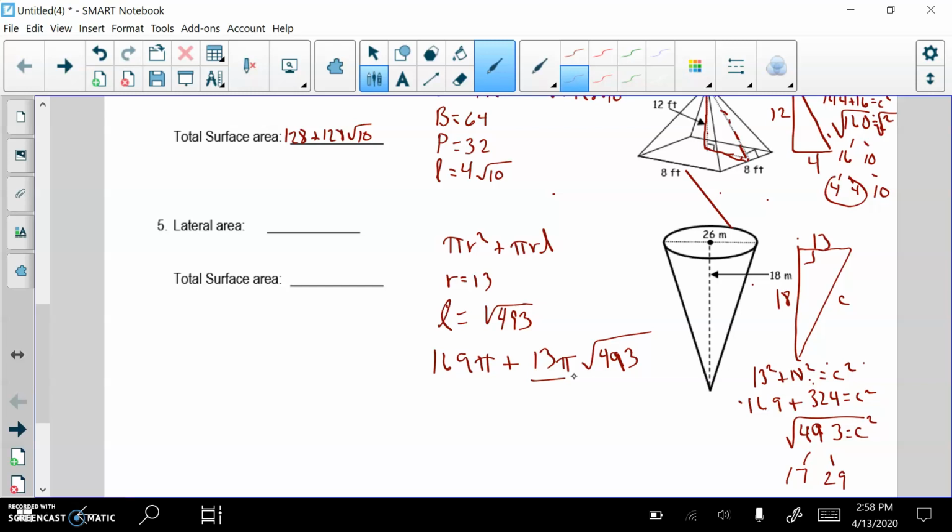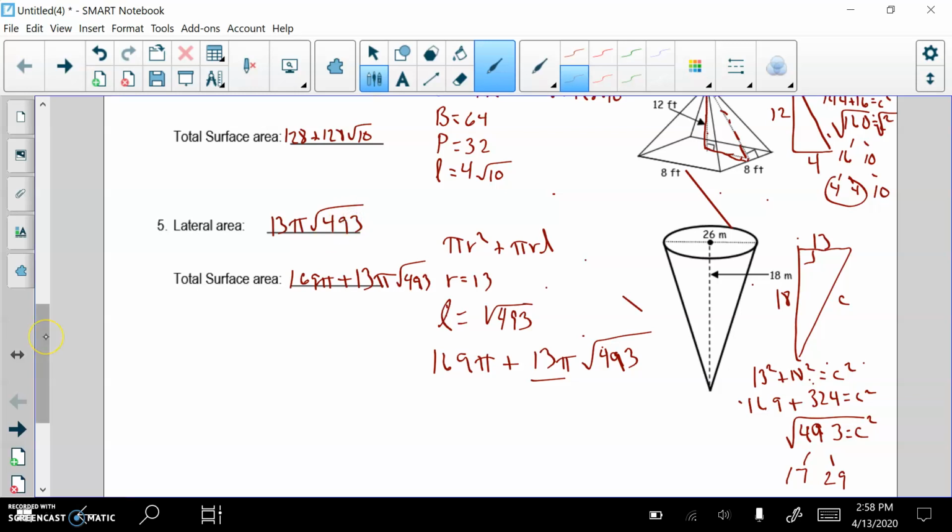So I'm just going to copy that answer. Total surface area is 169 pi plus 13 pi square root 493. And the lateral surface area is just that back part, 13 pi square root 493.